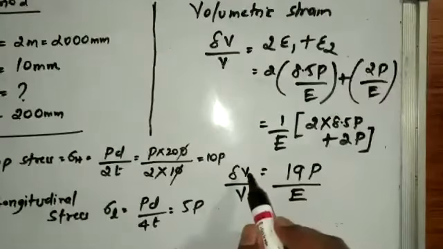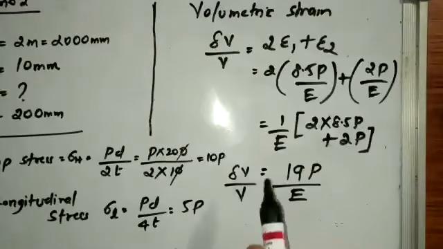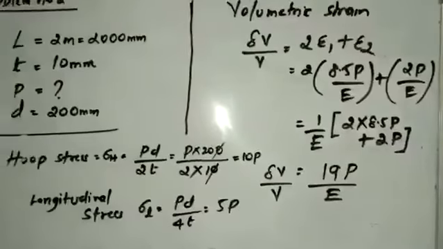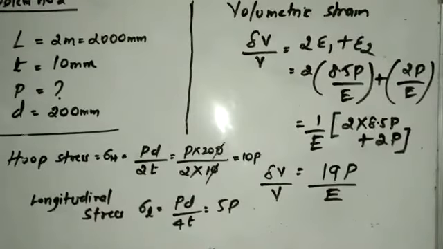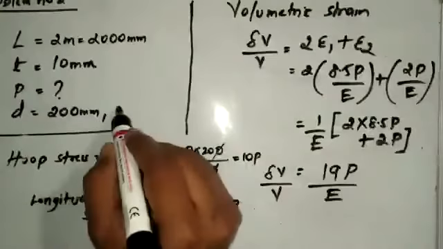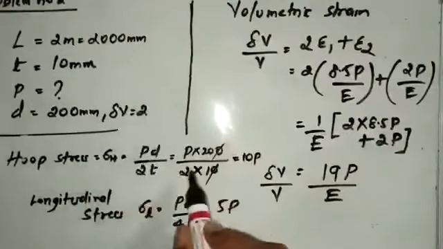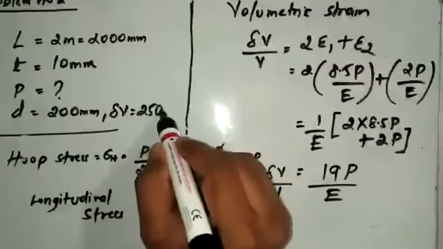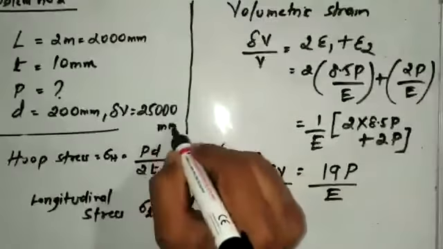Okay, change of volume. So why we are doing this is because in the question they have told us that an additional volume of pressure is added. How much is it? An additional 25,000 millimeter cube. Change of volume happened to be this much, 25,000 millimeter cube.